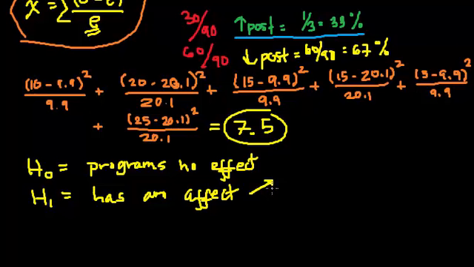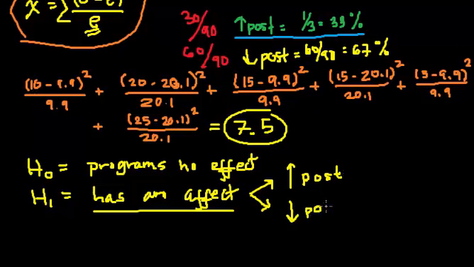The effect, as I told you, can be an increase or a decrease, but in this case I'm just going to discuss effects in general. So it has an effect, either that it increases a post test or it decreases a post test. We don't know.